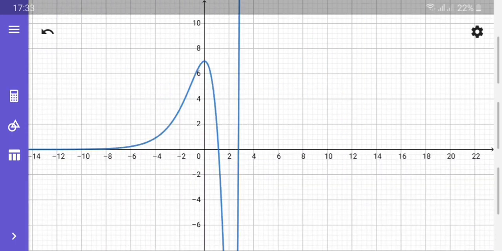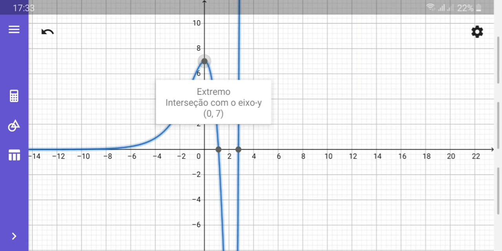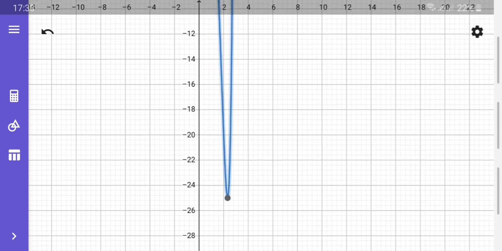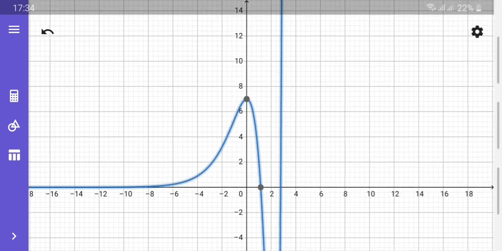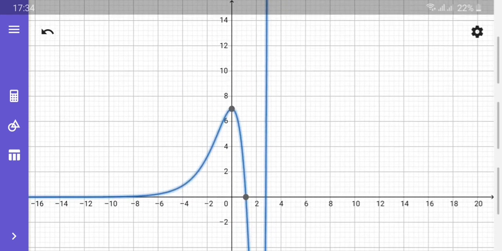Look, f of x has a maximum in this point over here, 0 and 7, and a minimum in this point over here. So 2.33319, this was the log of 5 in the base of 2, remember, and minus 25. So this was the local maximum, the global maximum, and the global minimum.